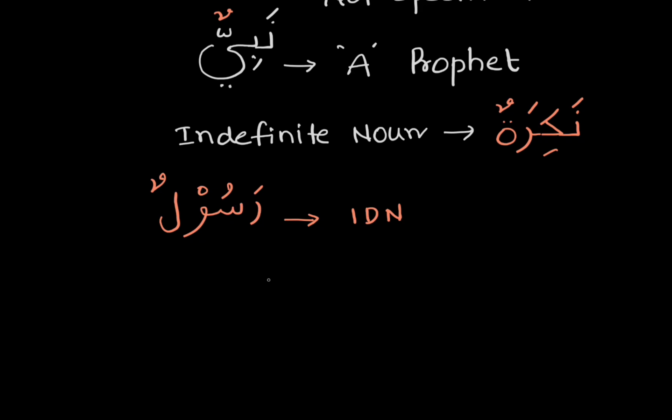Suppose I take ar-rasulu. It starts with alif lam, so it is a definite noun because it starts with alif lam.